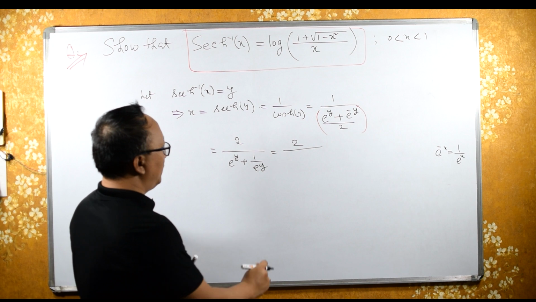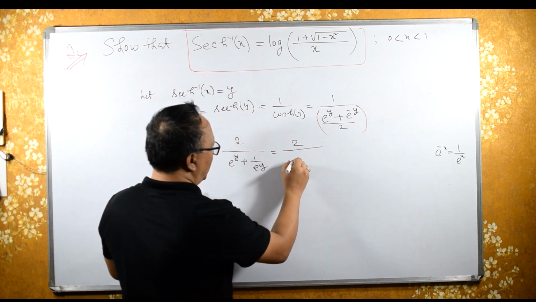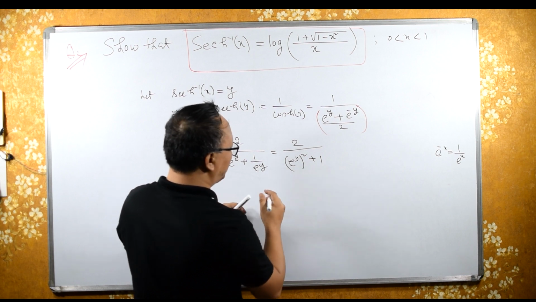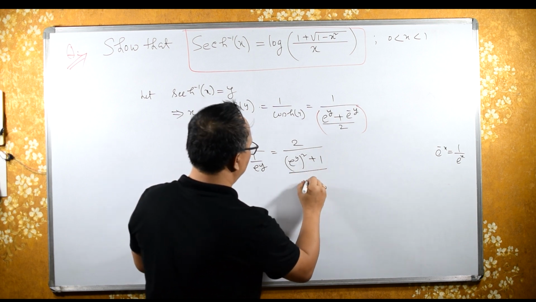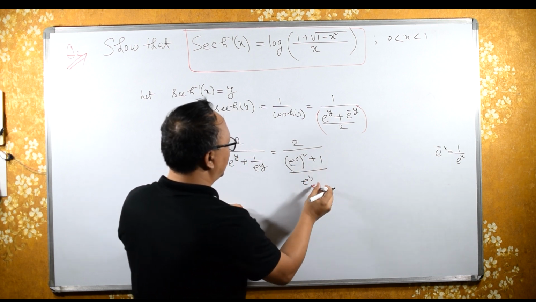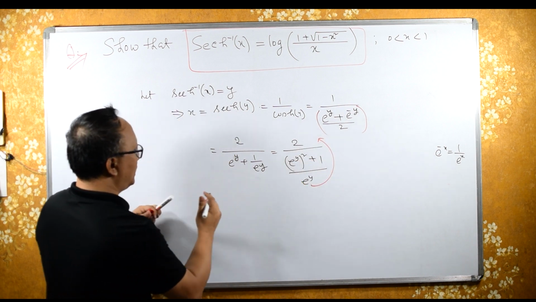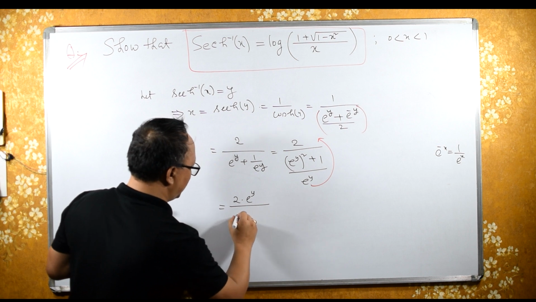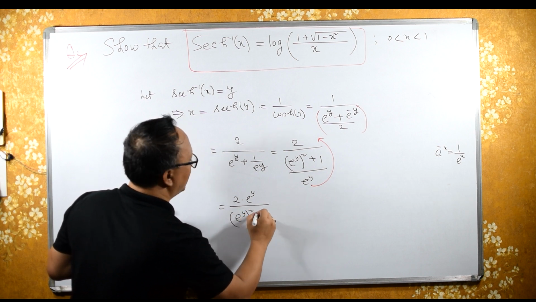Now this gives (e raised to y the whole square plus 1) upon e raised to y. Let's send this up. So 2 into e raised to y equals x into (e raised to y the whole square plus 1).